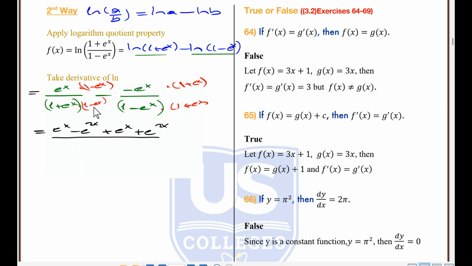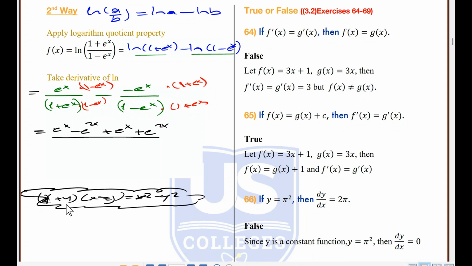The denominator is like a difference of two perfect squares, so you can think of this as x plus y, x minus y. First plus second, first minus second. The difference of two perfect squares can be written as x squared minus y squared, right? So I can use the same idea here.